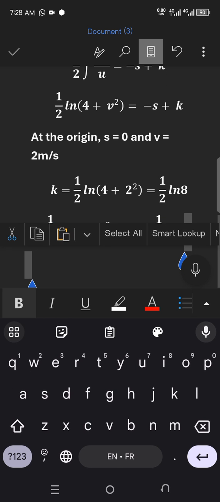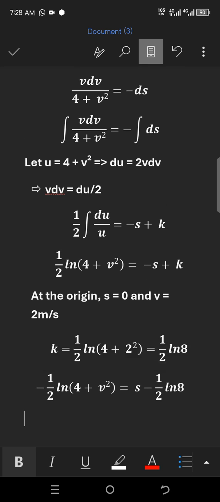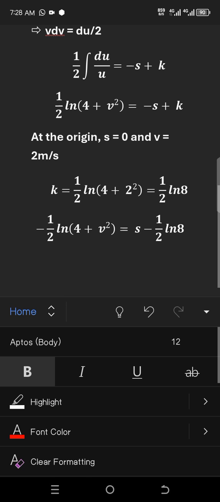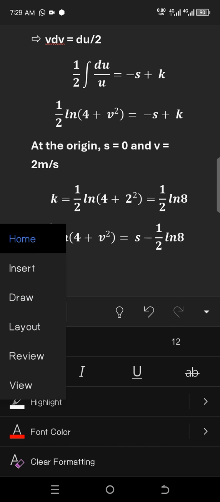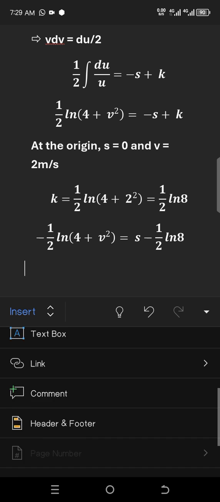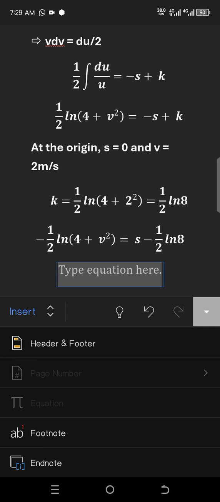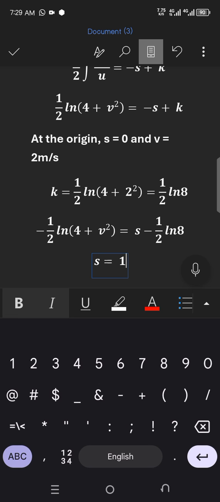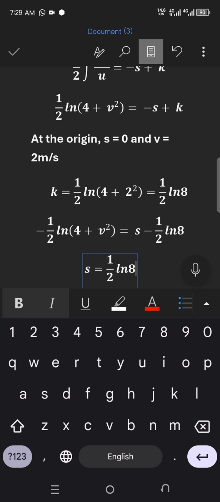Then I'm going to add this my k on both sides of the equation, so that we are going to have our s directly. So if you do that, you realize that your s will be equal to half the ln of 8 minus half the ln of 4 plus v squared.